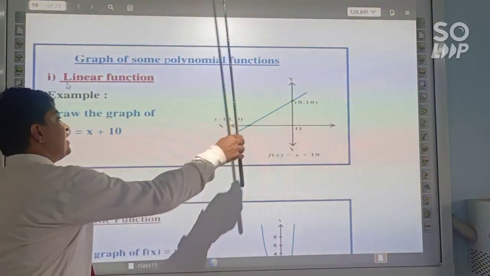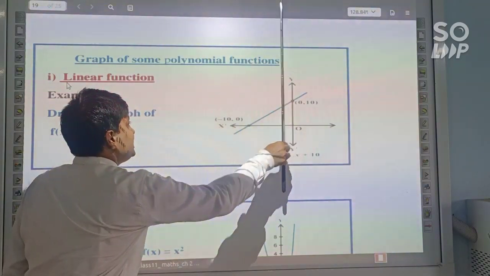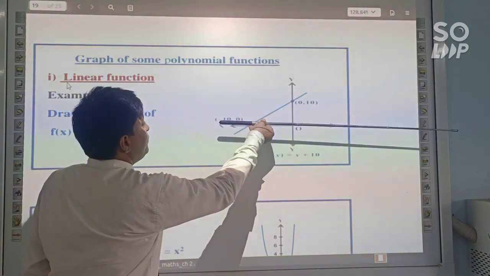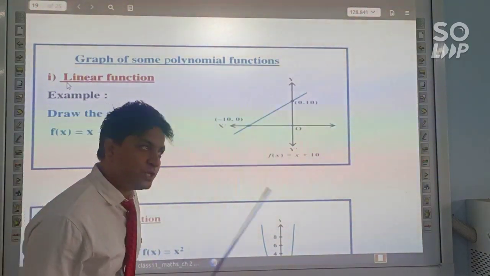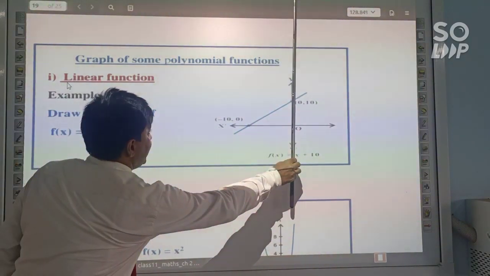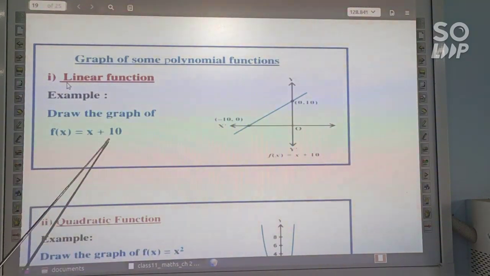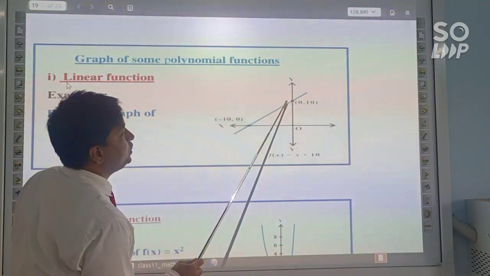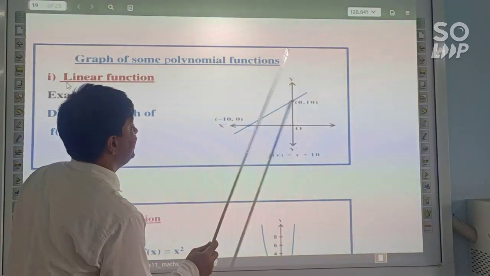On the y-axis, the value of x equal to 0, and on the x-axis, the value of y equal to 0. So for x equal to 0, we use this line. We find 10, and where is the 10? This is 10. So this is the point (0, 10).